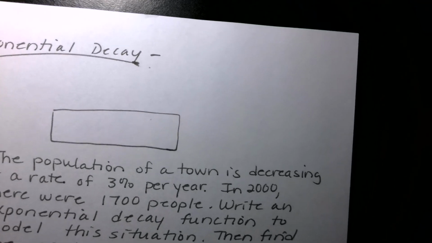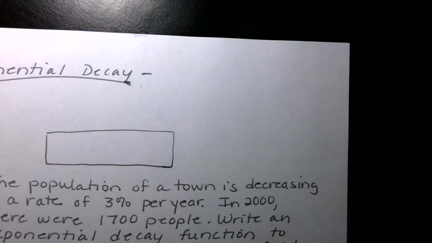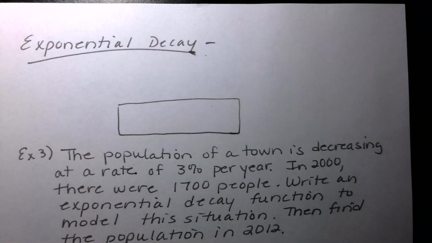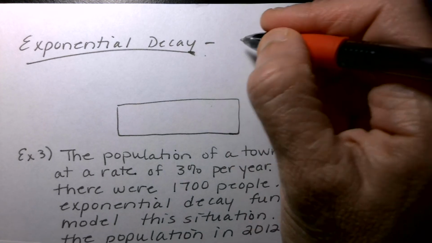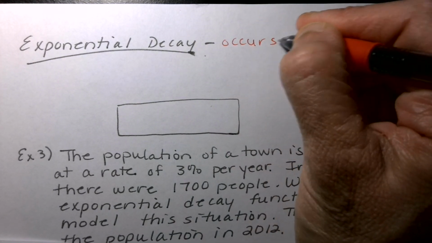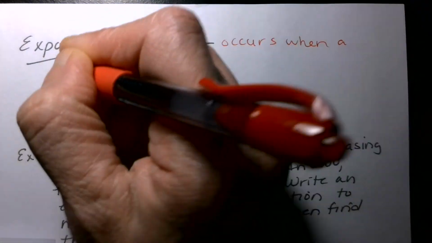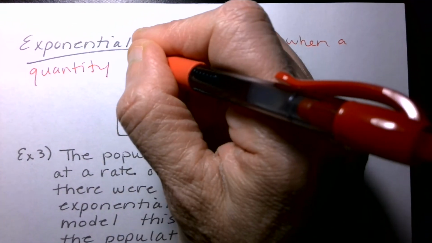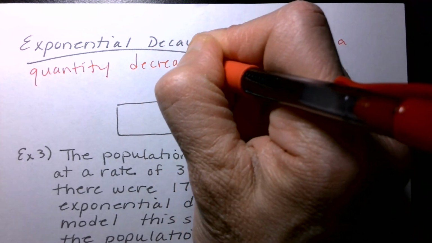The next one is exponential decay. Okay, so we did exponential growth, we did compound interest, and now we're going to do exponential decay. So let's get our definition down and try one of these. So this occurs when a quantity decreases. Another one, of course, was increases.